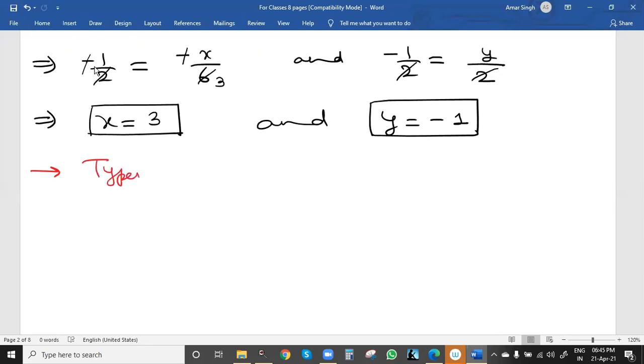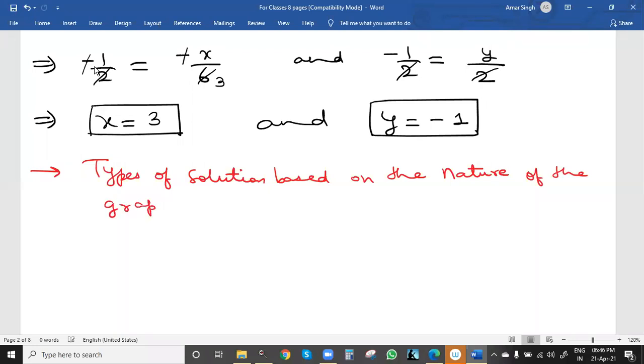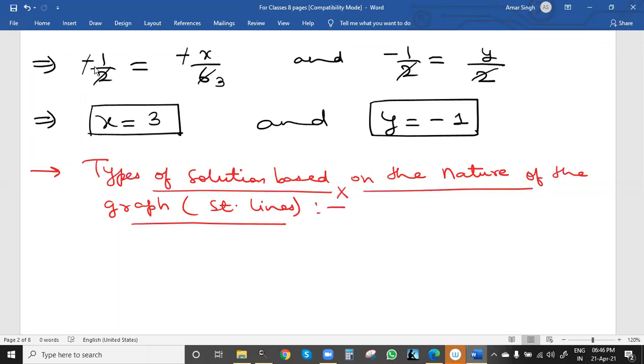See, types of solution based on the nature of the graph. Graph means straight line only. After this topic, we'll see one by one every exercise.